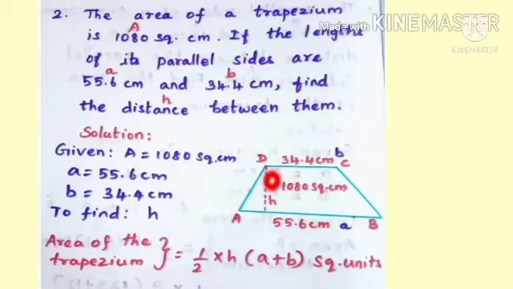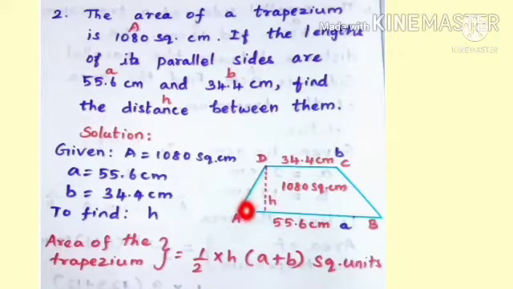So here AB and DC are the parallel sides. So the values of parallel sides a and b are given, which are 55.6 centimeter and 34.4 centimeter. Now the remaining thing is the distance between them, that is the h value. The height of the trapezium is what we need to find.